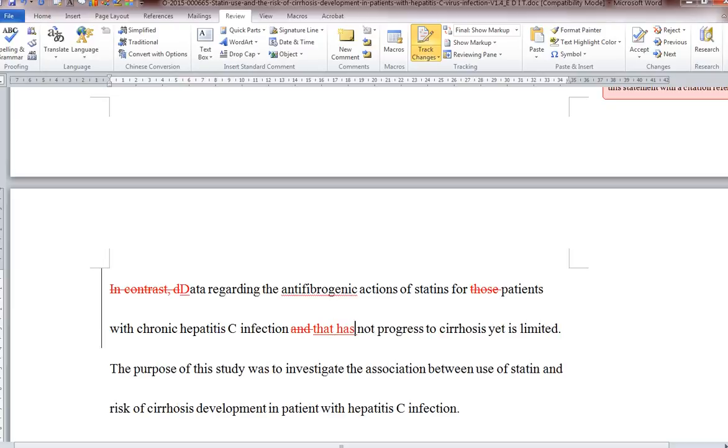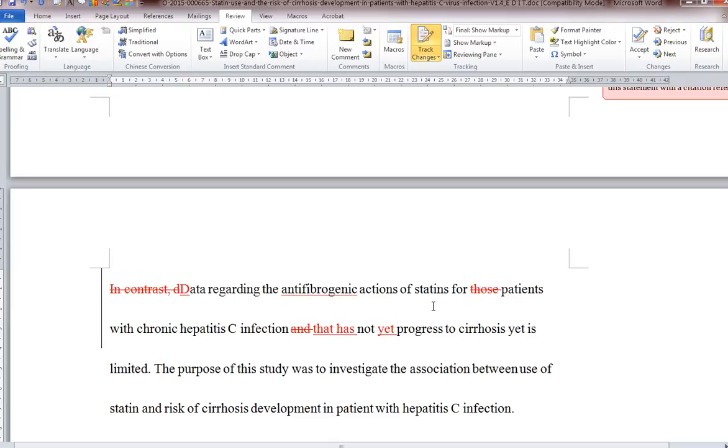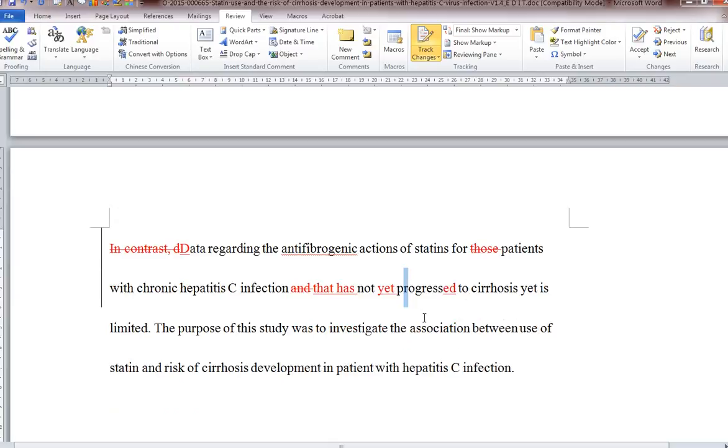Typing is not my best skill, but catching my own errors is one of my best. Okay, that has not yet progressed. We could also say that has yet to progress, but I think this is fine. To cirrhosis is limited.